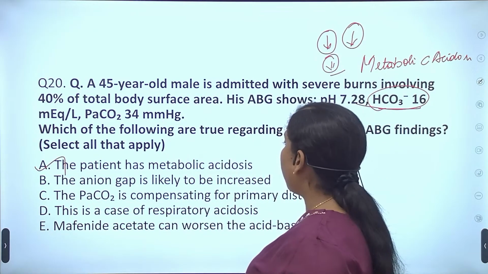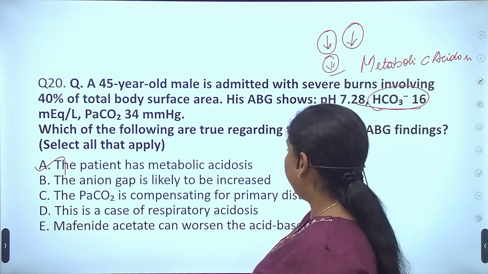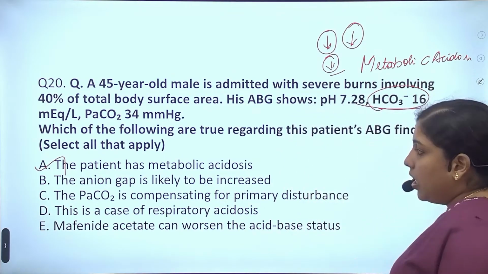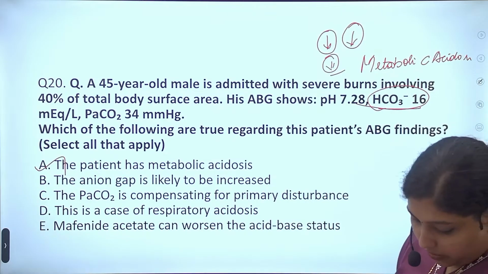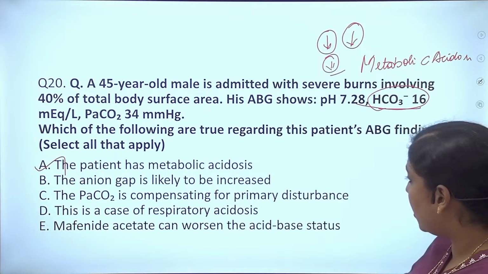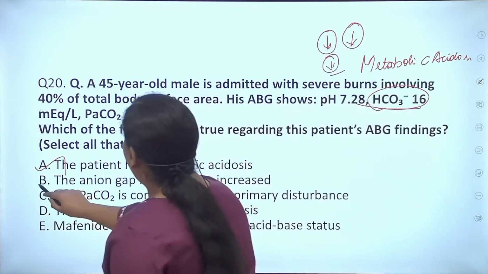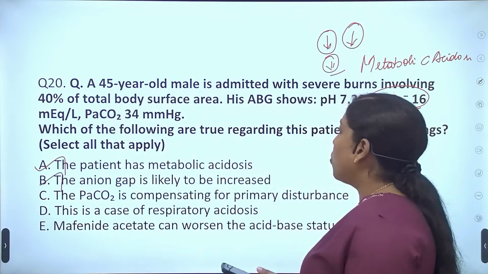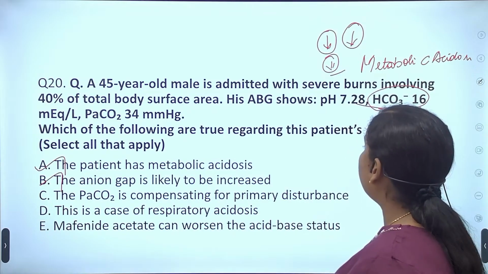The anion gap is likely to be increased. So remember, in case of a burns patient, the anion gap will be only slightly increased. And the PaCO2 is compensating for the primary disturbance.